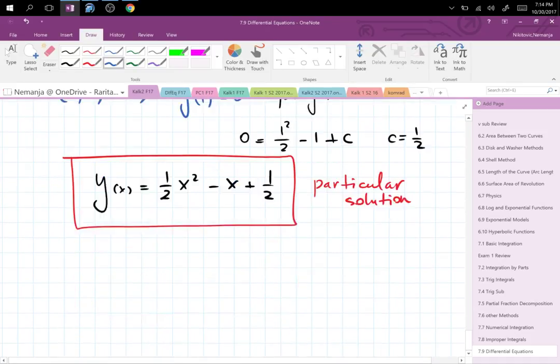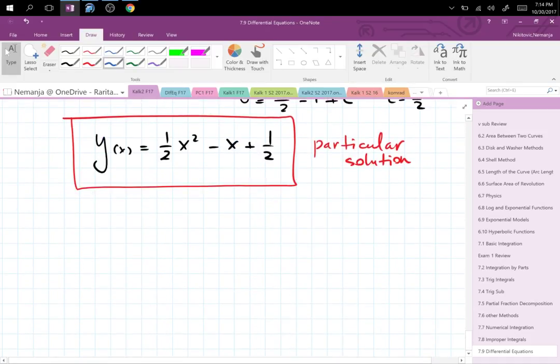So we see that there is a way to solve the first order equations using this method of slope field.